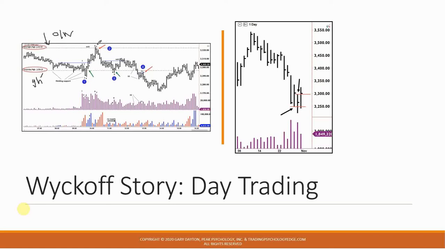Then we see selling coming in, heavy volume on bars 6 and 7. Bar 7 shouldn't have heavy volume. We talked about how when the market pulls back, the volume recedes. Here, it's showing supply.